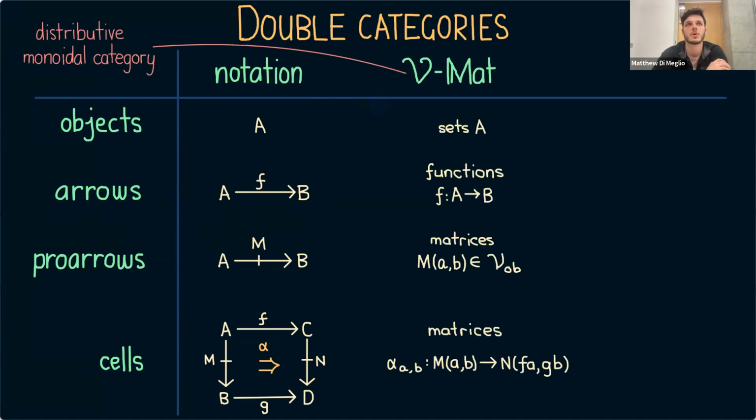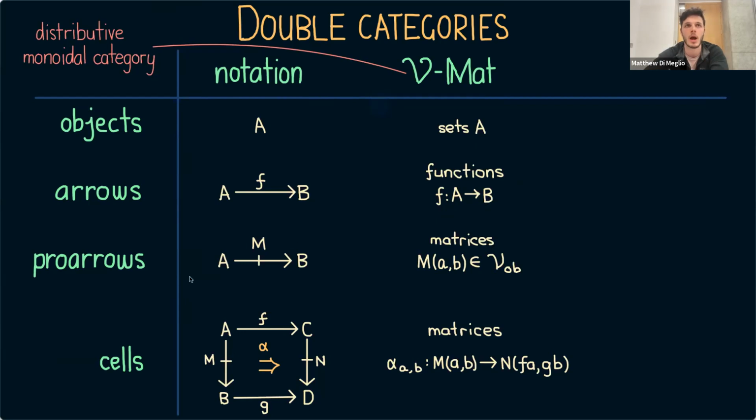But we're going to talk about some examples. The first example is the one from which we're going to get the theory of enriched categories. So V here is going to be a distributive monoidal category, and I'll explain why we need the distributivity in a moment. We're going to define this double category VMat of matrices in V. The objects are just sets, and the arrows, the strictly unital and associative direction, are just the functions.